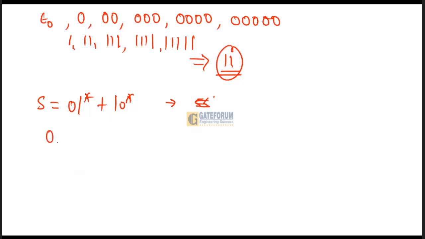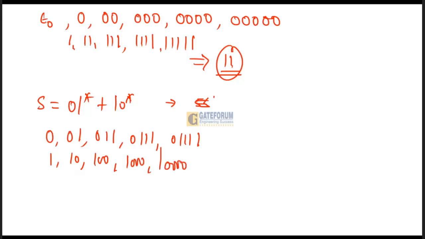One could be 0, that is possible from here, and thereafter 01, 011, 0111, 01111, as well as 1, and thereafter 10, 100, 1000, and 10000. So these strings are having length less than or equal to 5, and in total these are 10.